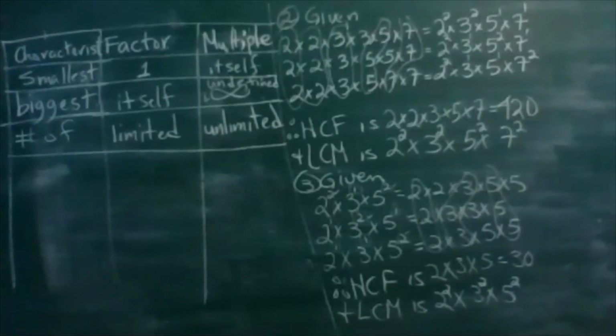So these are 3 of the things that differ between factors and multiples. It's not the only thing, okay? Let's see, so smallest, biggest, number of, right? These are 3 of the major ones.